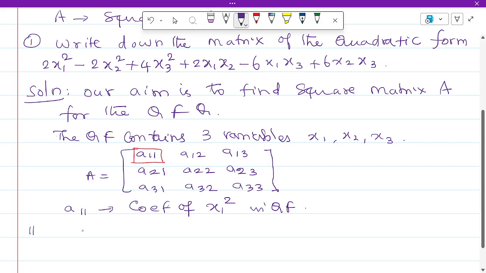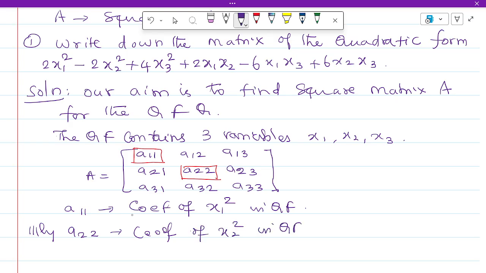Similarly, A22: where is A22? Here it is. This A22 is the coefficient of x2 square in quadratic form, you can write in your notes also.